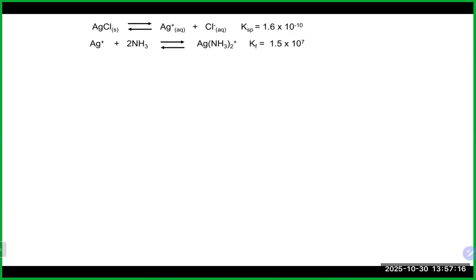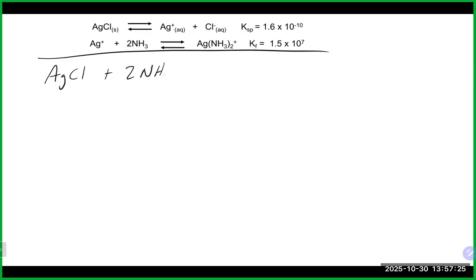So we'll take our overall reaction and put it together here one more time. Our silver chloride plus a couple of ammonias, giving us this guy here and our chloride as those guys go away.